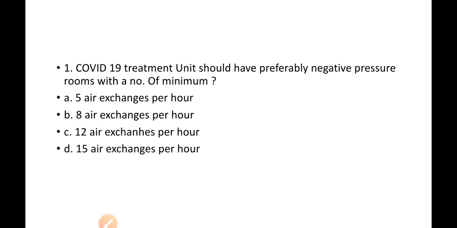So the treatment unit of a COVID-19 patient, even if it is a ward or ICU, should have a negative pressure room with a minimum number of exchanges. I think it is option C, 12 air exchanges per hour. So at least there should be 12 air exchanges or ventilation in a treatment unit of COVID-19 patients.